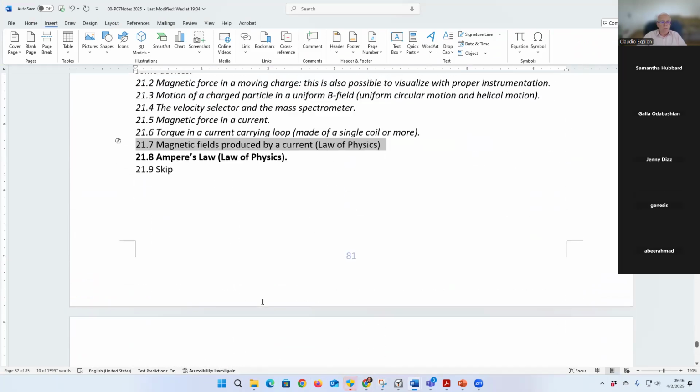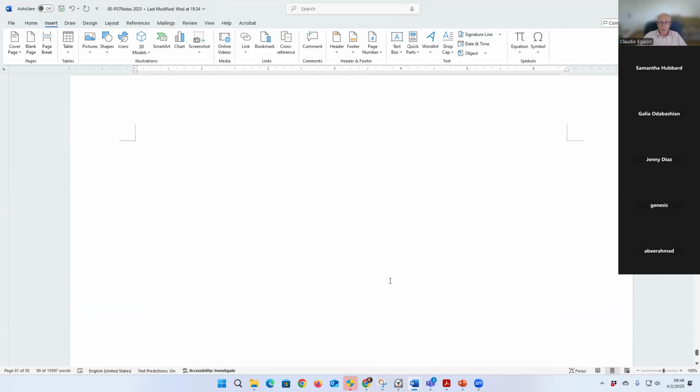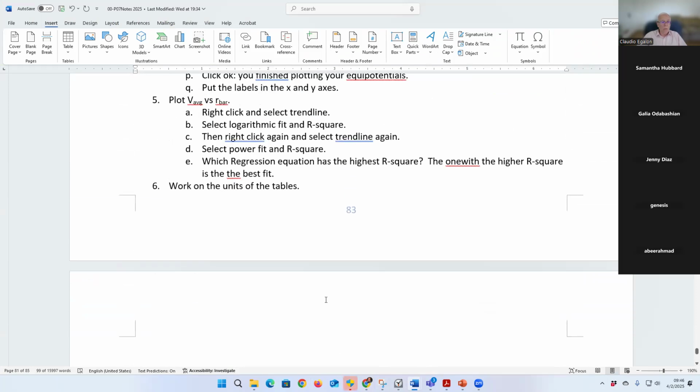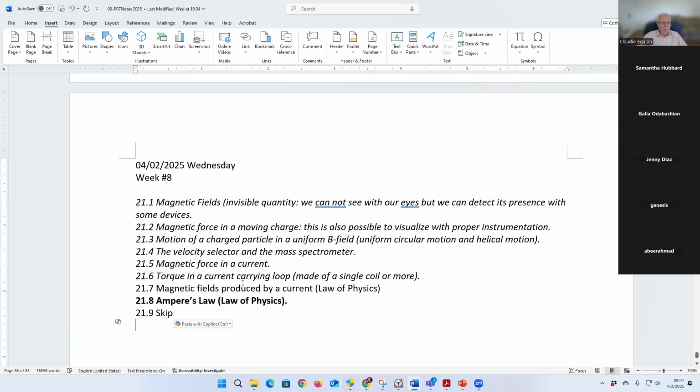And I'm gonna copy and paste what we have here. Last time we finished section 21.6, which has applications to electric motors.